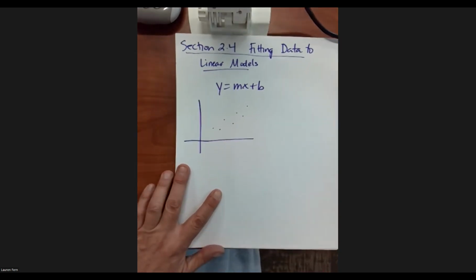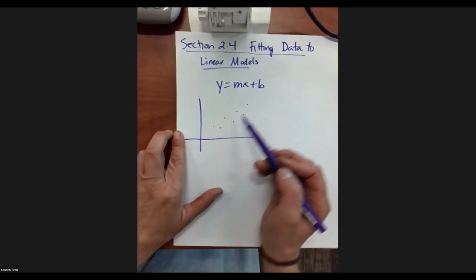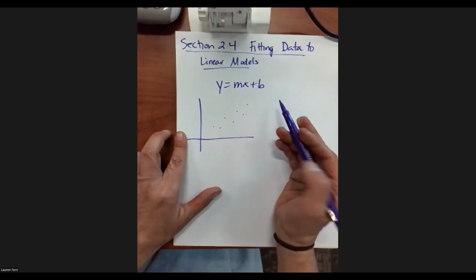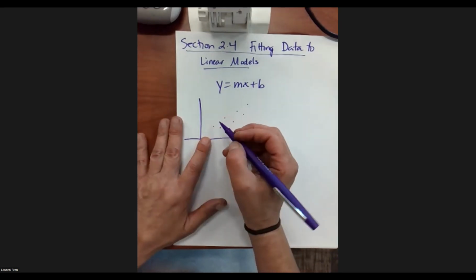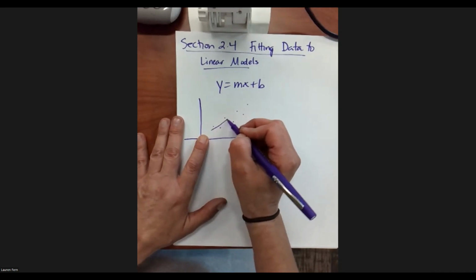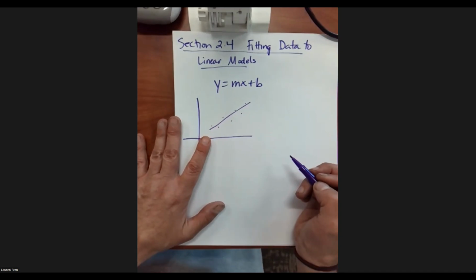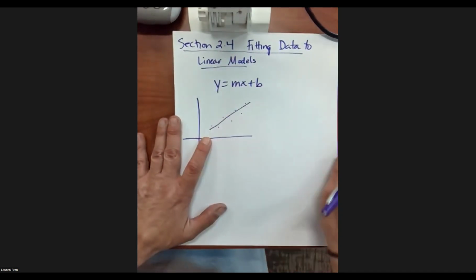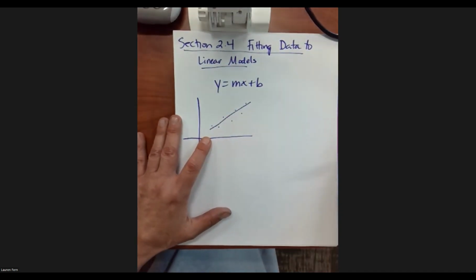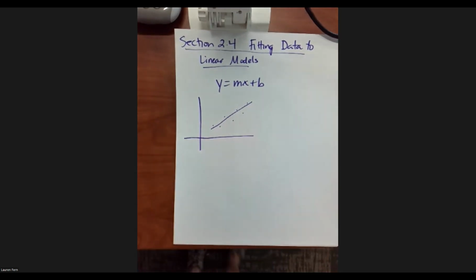Like if this was our data here, do you agree it seems to follow the trend of a line? So what we would do then is say, well, what is the line that best approximates this data? The whole point of this is no model, whether it's a linear model, an exponential model, a quadratic model, whatever, no model is perfect.